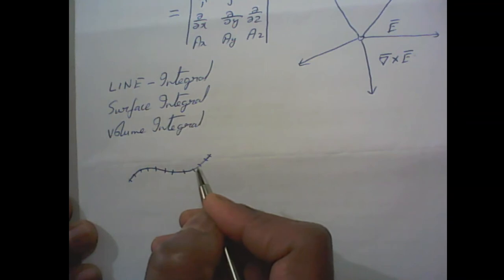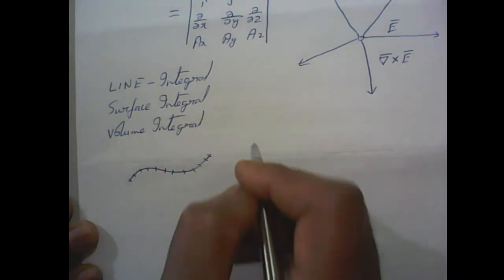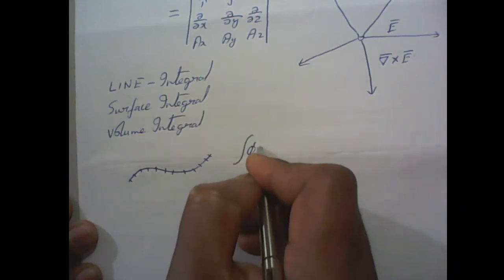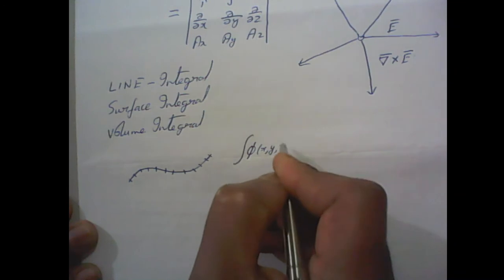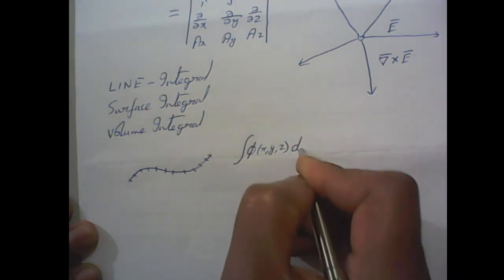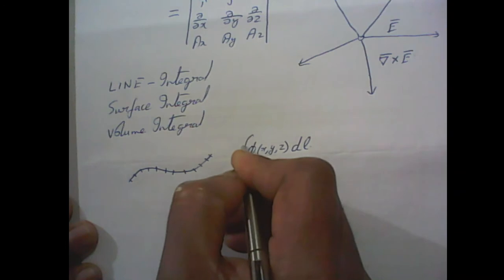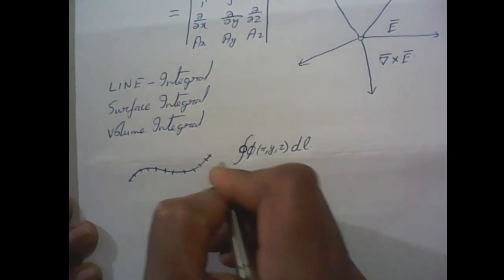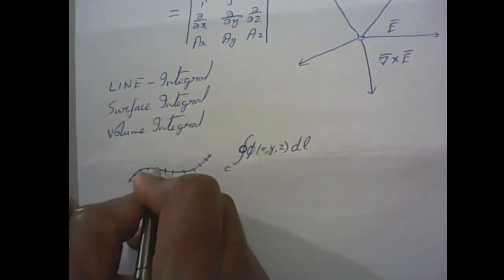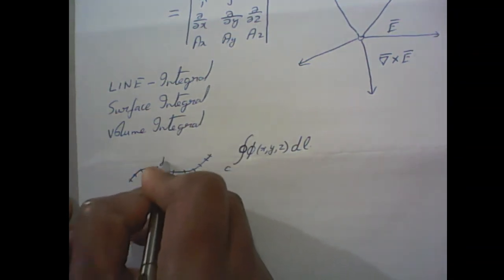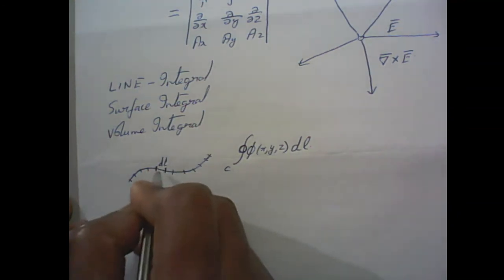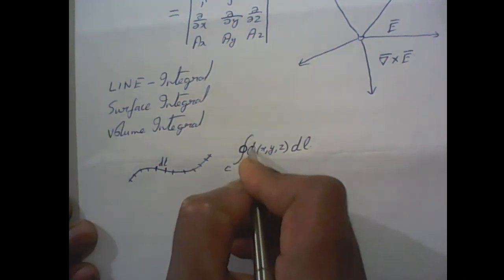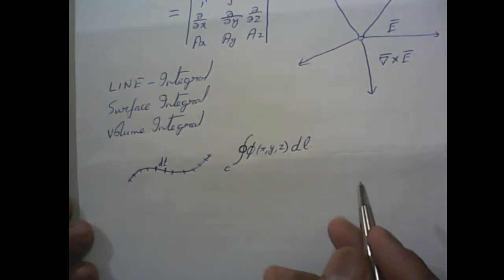So that becomes a line integral. We integrate any function, let me say phi, it can be a function of x, y, z, times dl, integration over the curve, or we can put a C over here. What is dl? dl is an element of length. As we move along the line, dl changes, and so phi changes. So we call this a line integral.